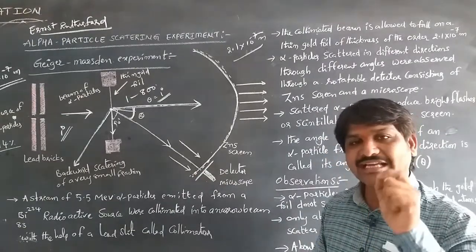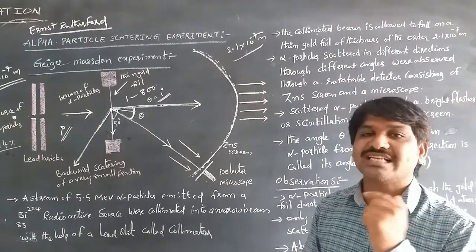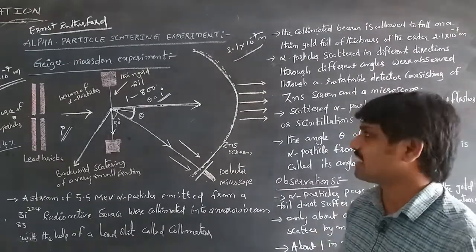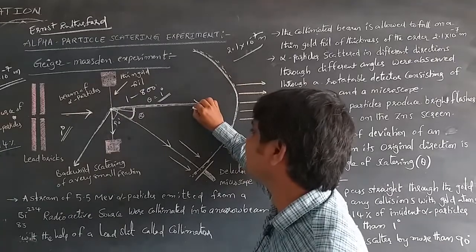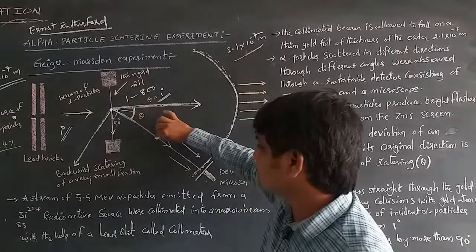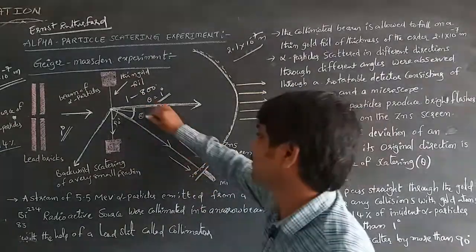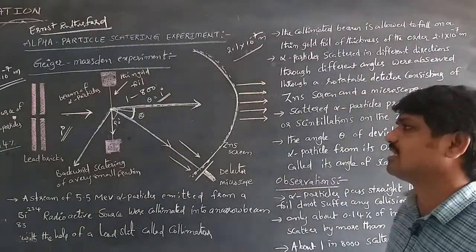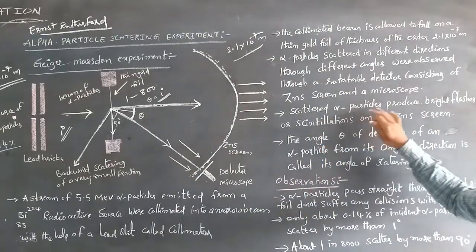The original path of the alpha particles is in this direction, but when incident on the gold foil, the alpha particles are scattered in this direction, making an angle theta with the original direction. So we can say that theta is the angle of scattering.